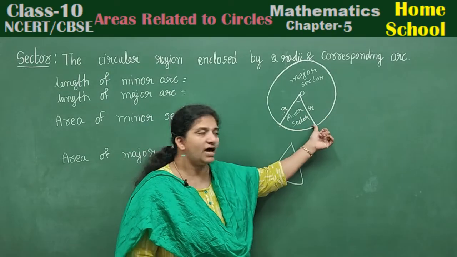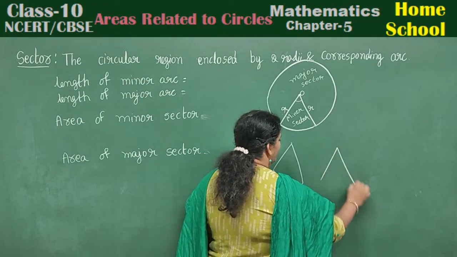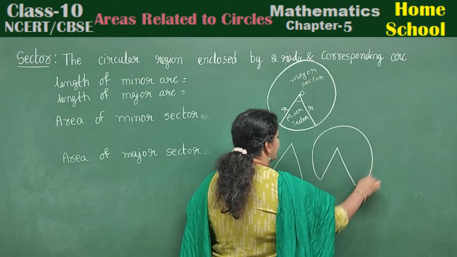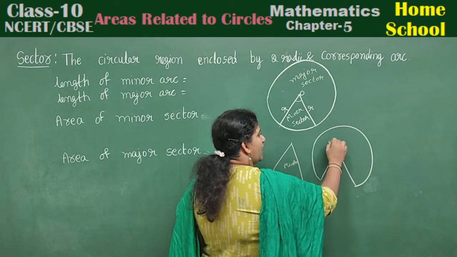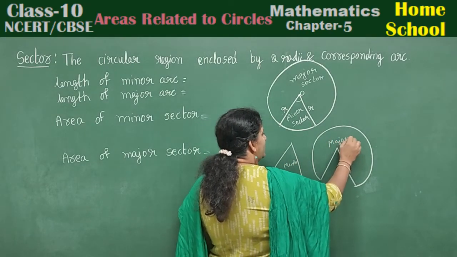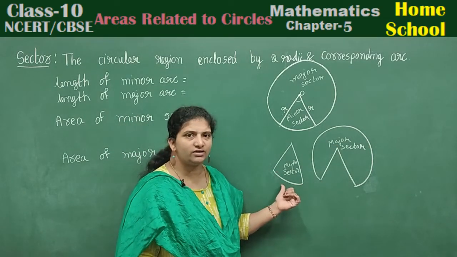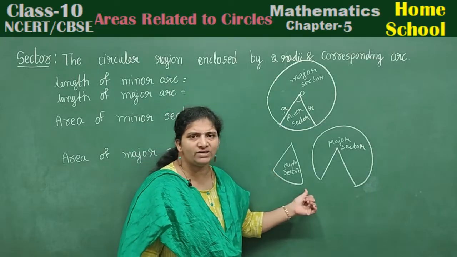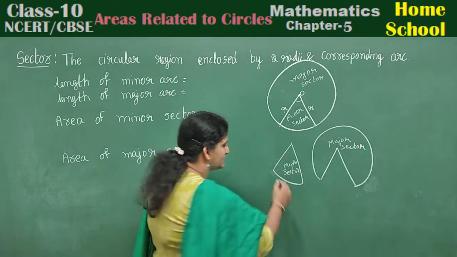It may be this arc you take, or you may take that sector. Look here children, you can imagine any sector. This is small, so we call it a minor sector, and this is big, so we call it a major sector. What is an arc, children? It is a part of a circular region, that means a part of the circumference.